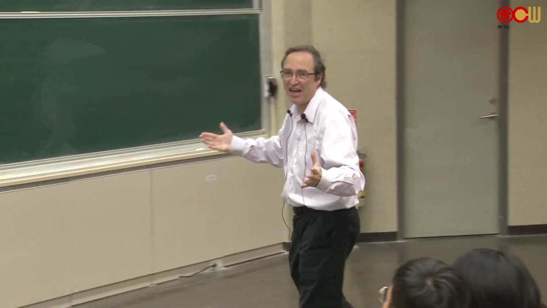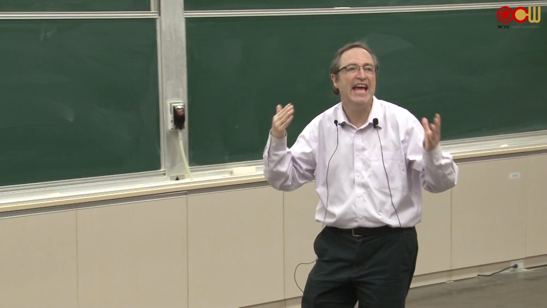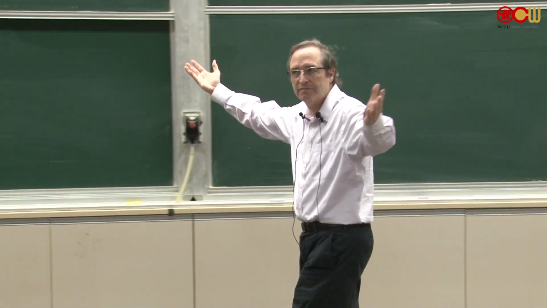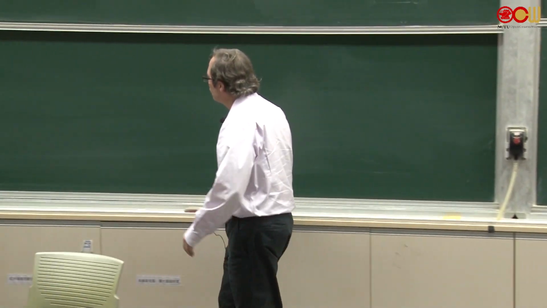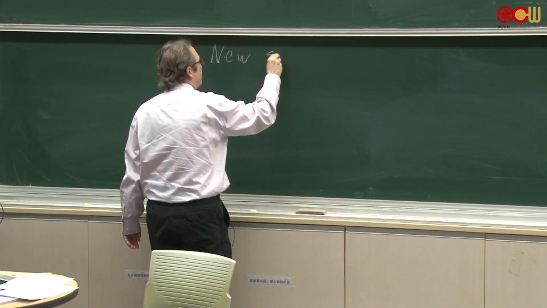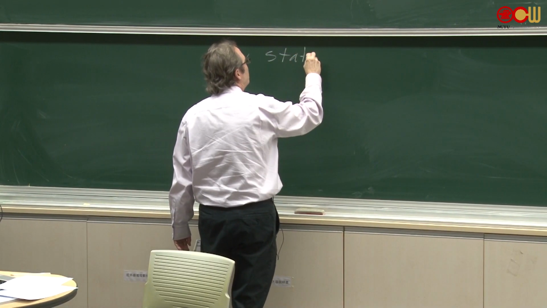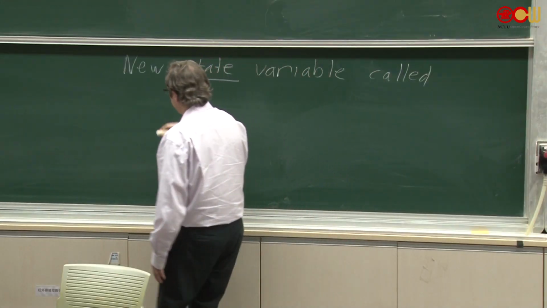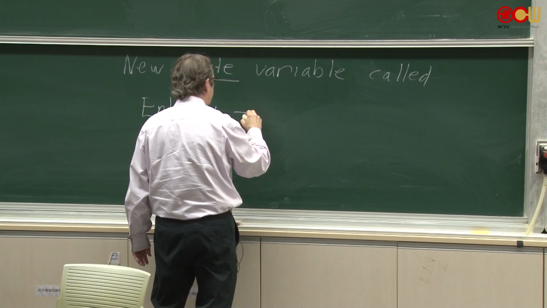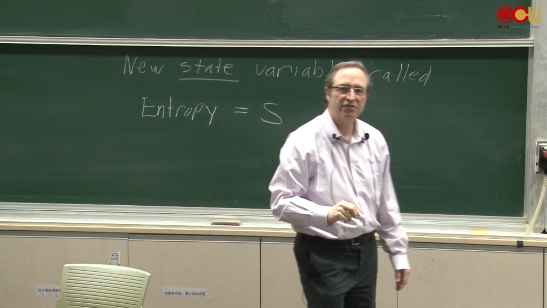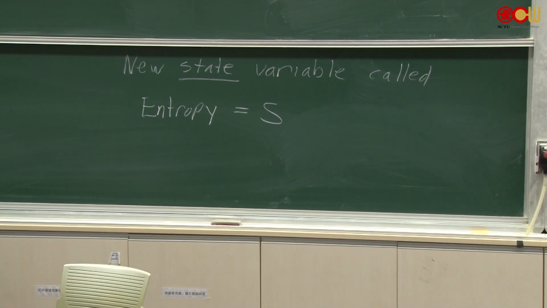Everybody has this quantity, and it's called entropy. So they just make it up. So we have a new state variable, and this word state is important, called entropy. We usually use the letter S, almost always capital S.